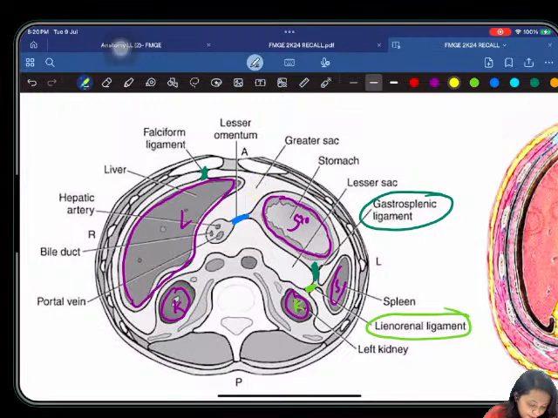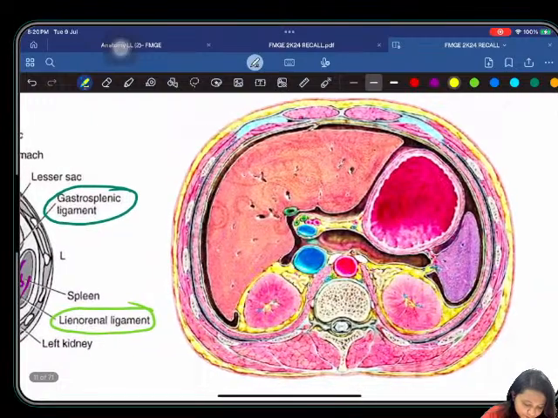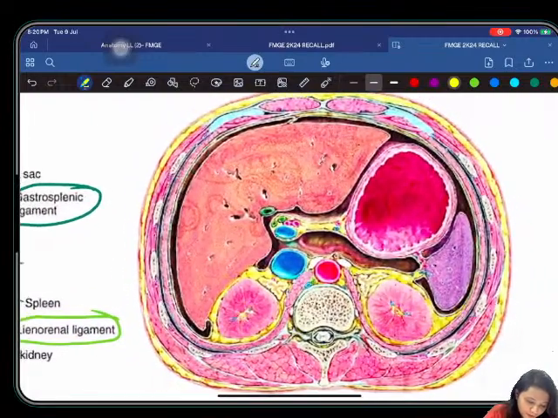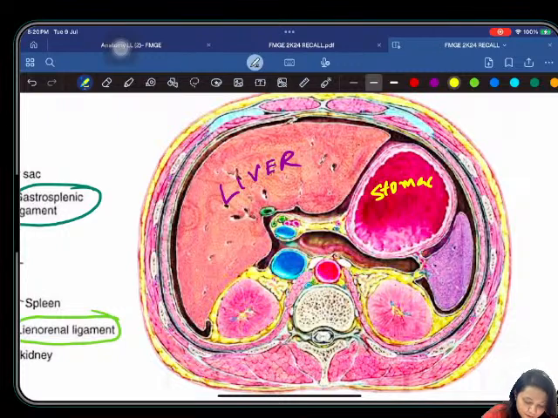If you see the image again, this is the liver, this is the stomach, this is the spleen. These are the kidneys.